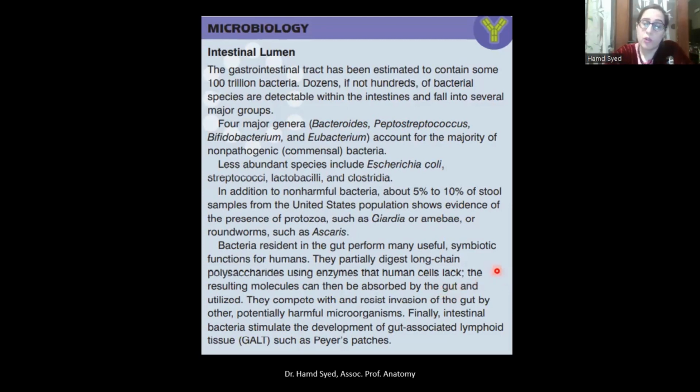An additional action of these friendly or commensal bacteria is that they compete with and resist invasion of the gut by other potentially harmful microorganisms. And finally, they also stimulate the development of lymphoid tissue within the gastrointestinal tract.